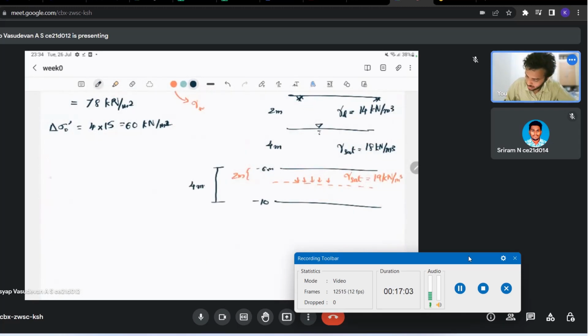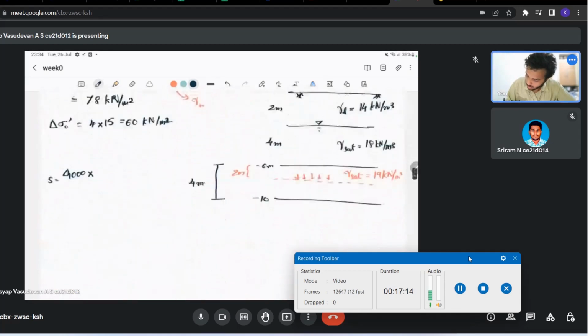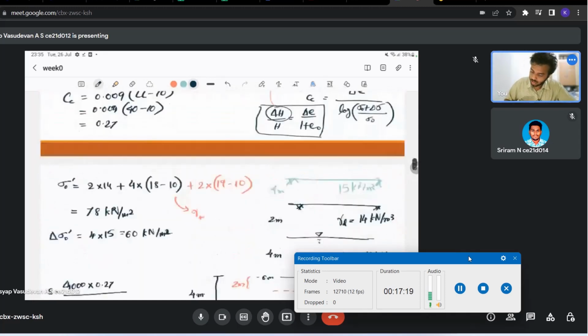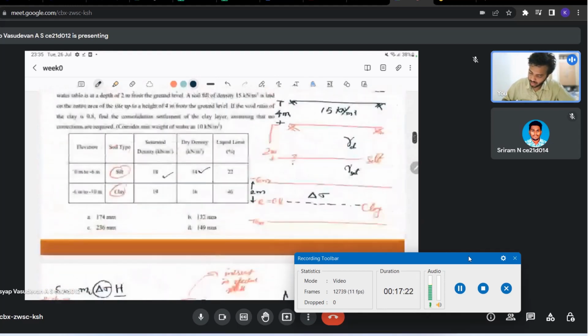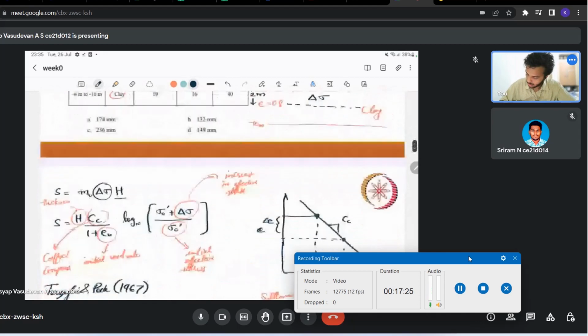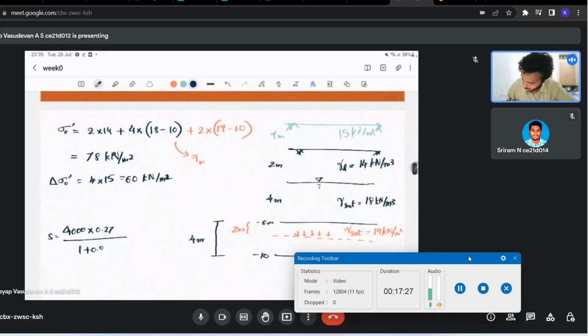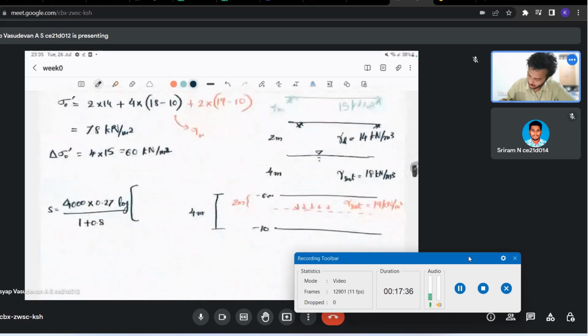So our settlement can be written as, in order to get it in millimeters, 4000 into Cc value 0.27, divided by 1 plus e naught, which is 0.8 as mentioned in the question, and our stresses will be the initial stress 78, so 78 plus the increase in stress, divided by the initial stress.